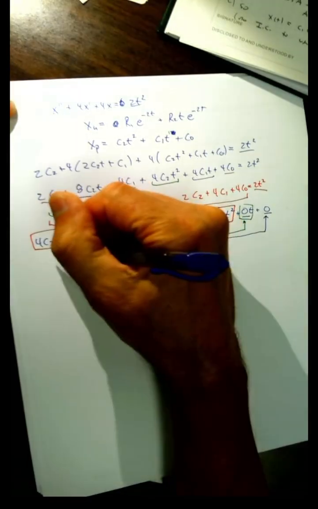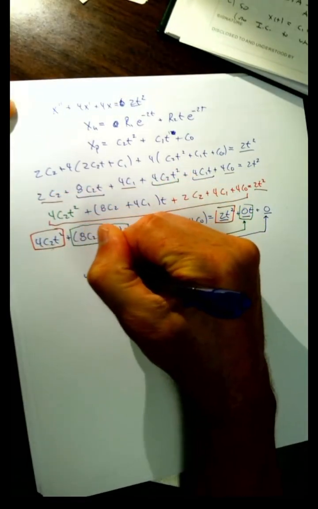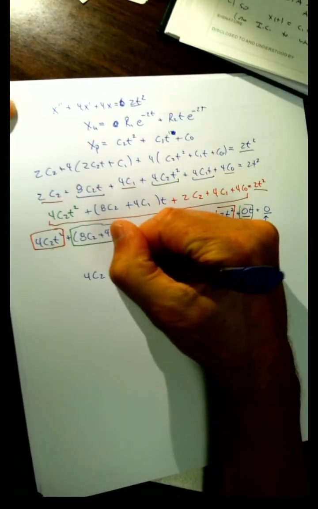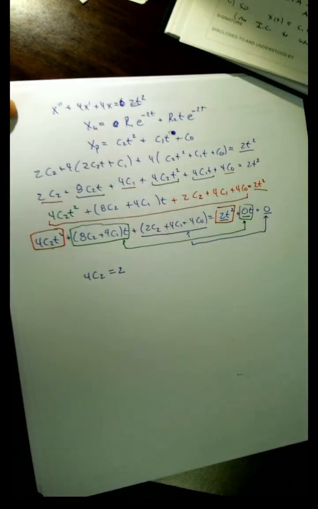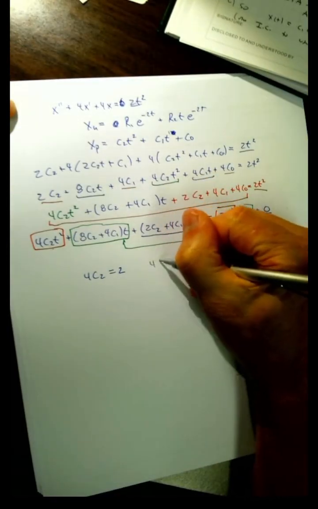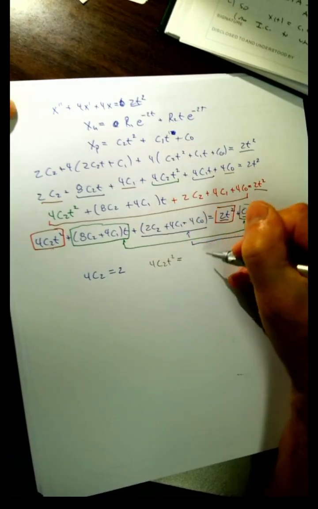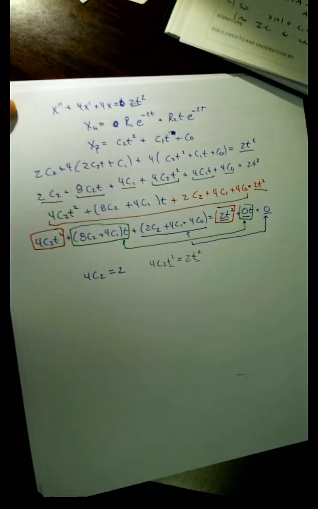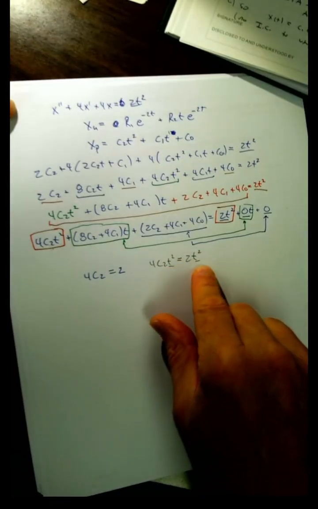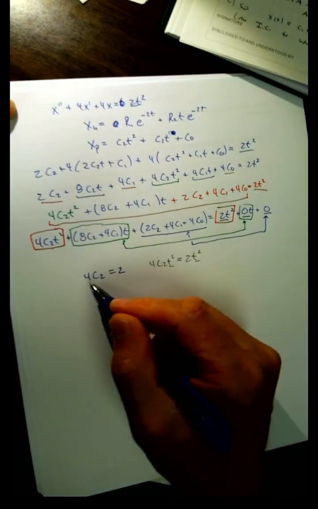That's going to give me 3 equations, and I have 3 unknowns. So let's write this equation. 4c2 has to be equal to 2, right? So you can think of this as coming from 4c2t squared is equal to 2t squared. And that has to be true for all t, even t not 0, so you can divide that out and you get exactly this expression.